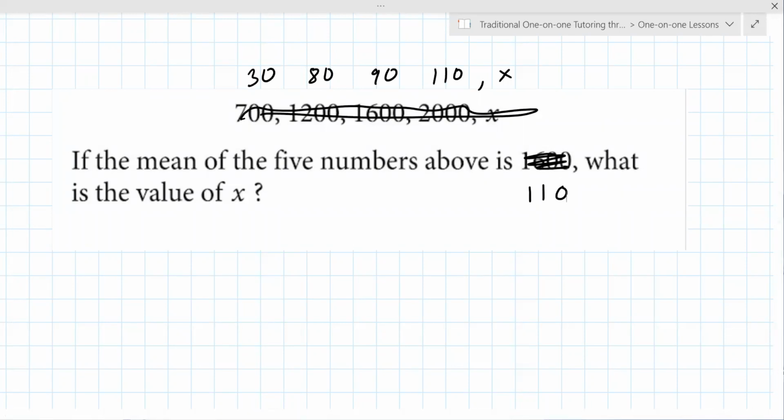We're going to do another example. I got X equals 1,240. Yeah. Okay, that sounds good.